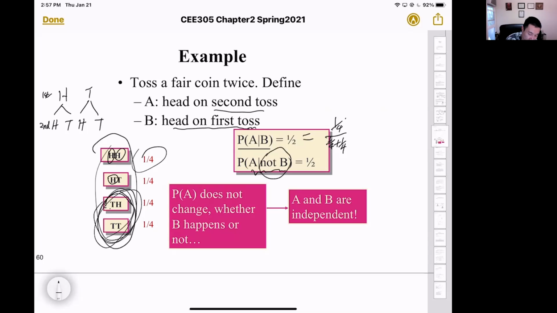So P(A given not B) will be 1/4 divided by 1/4 plus 1/4, so still 50%. So P(A) does not change whether B occurs or not. So then we say A and B are independent. So you get the idea of what independence is.